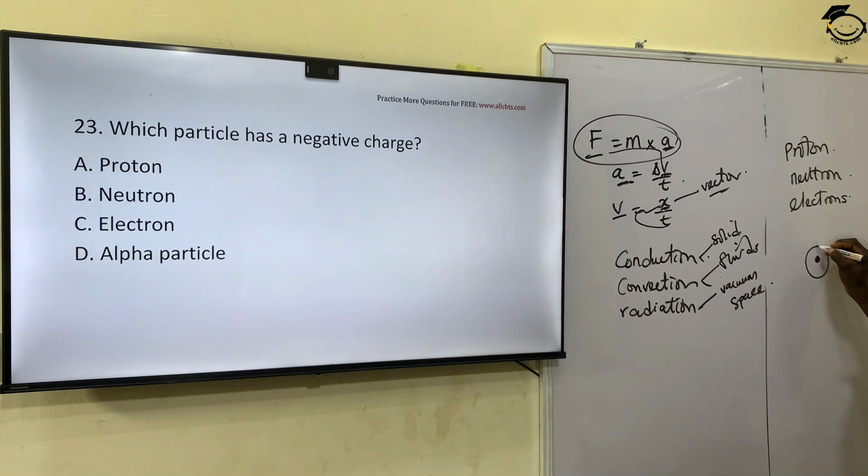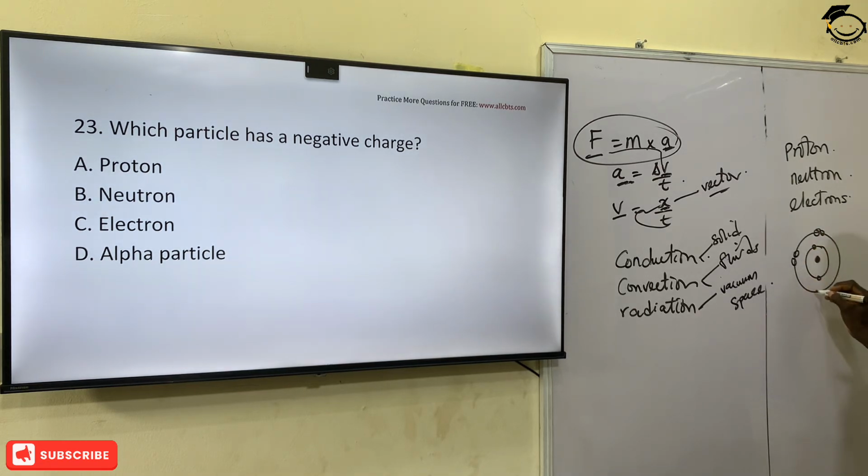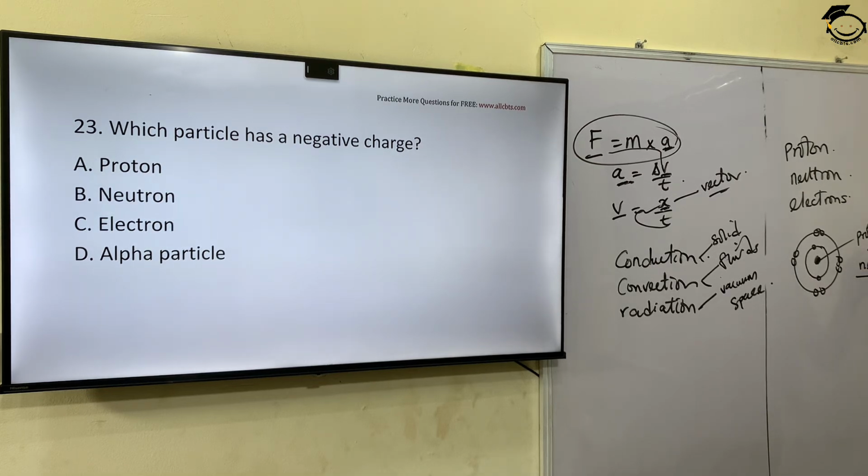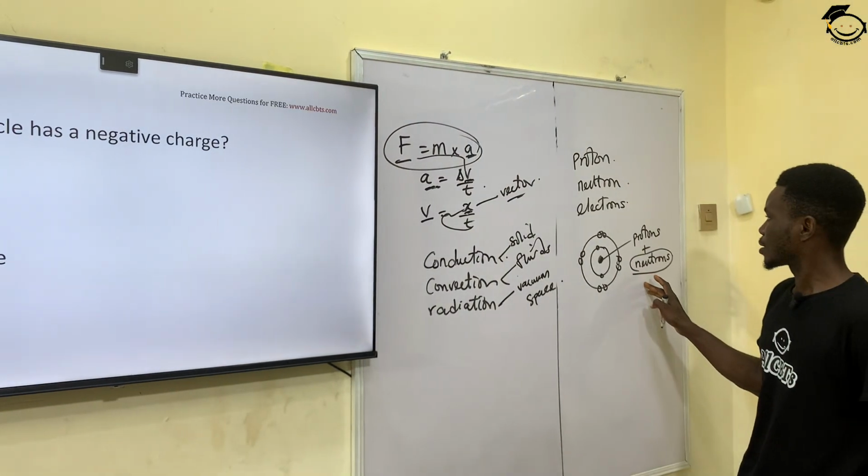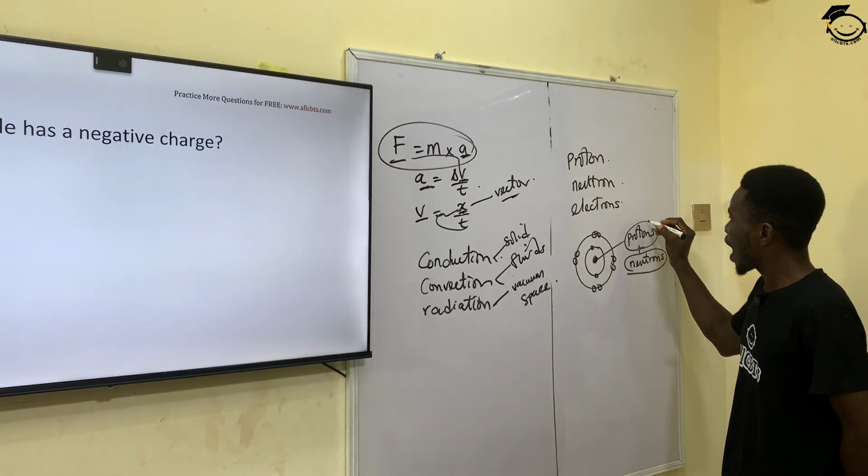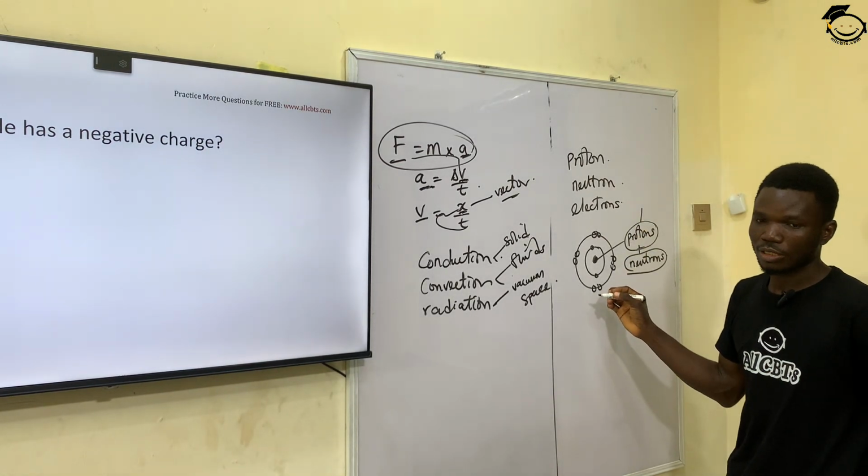So if this is an atom, the center here contains your protons plus neutrons. Your neutrons are without charge. They are chargeless. Your protons are positively charged.